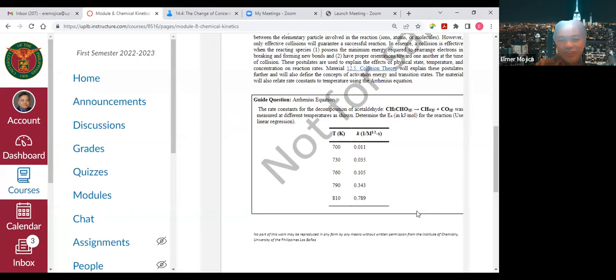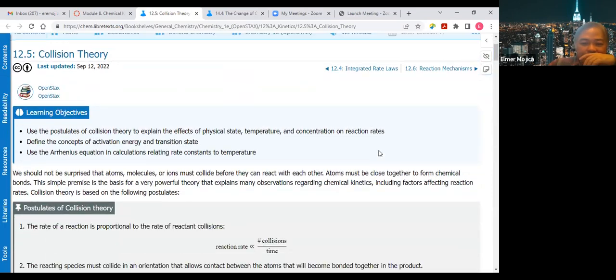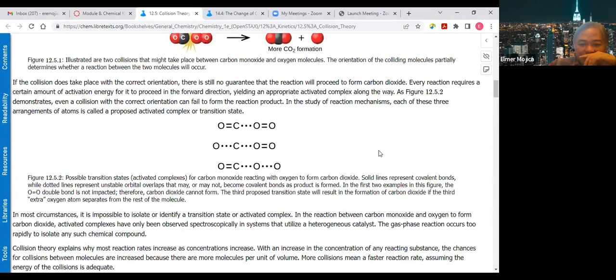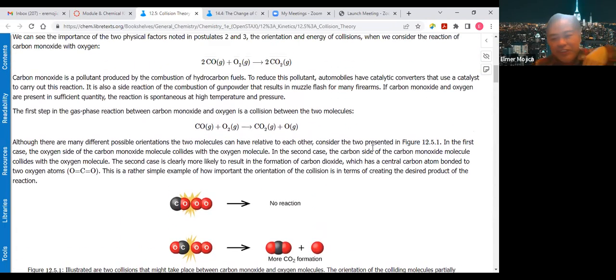Now the last part that we have here ay yung tinatawag nating collision theory. So sabi ko nga sa inyo, for a reaction to occur, they should be colliding with one another first. No collision, no reaction. At lumalabas dito yung tinatawag nating Arrhenius equation. Now, for a collision to be successful, it should be effective. So meron siyang orientation, proper orientation.